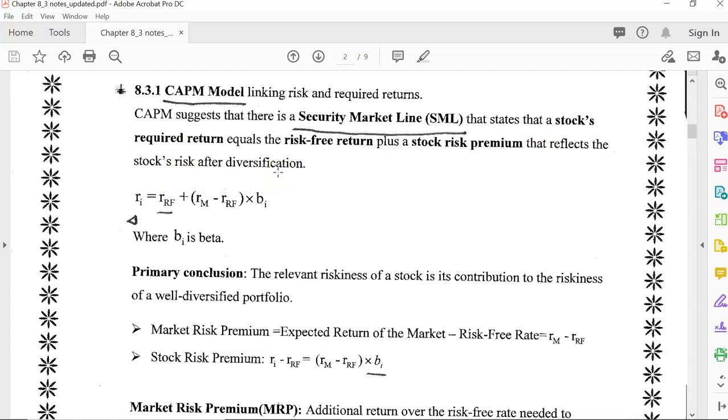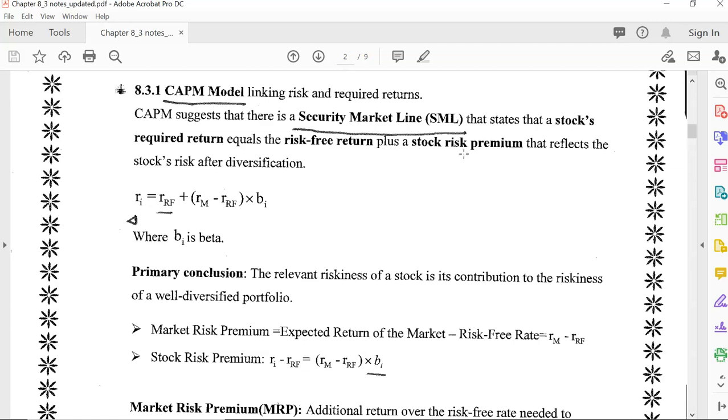In our bond chapter, do you remember that a bond's required return equals the risk-free return plus bond risk premiums? The bond risk premiums include the inflation premium, default risk premium, liquidity premium, and maturity risk premium, right?